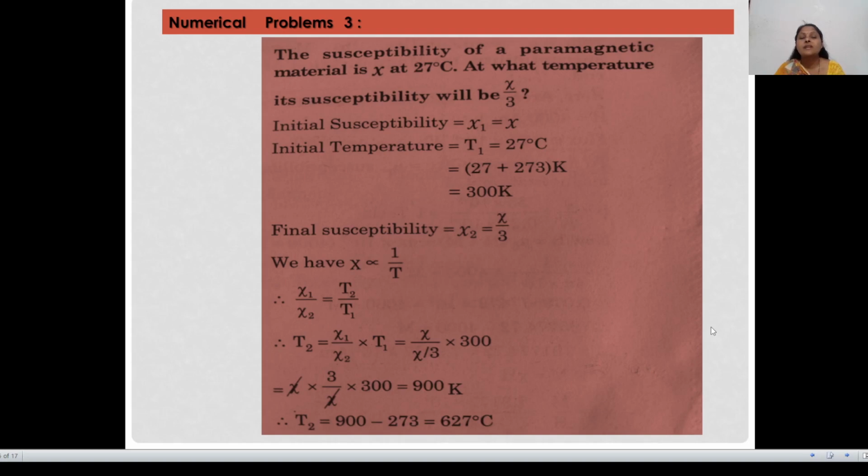Put the values of psi 1 and psi 2: psi by psi by 3 into 300. Psi cancels here, and finally T2 is equal to 3 into 300, which means T2 is equal to 900 Kelvin. And T2 is equal to 900 minus 273, which is 627 degrees Celsius, the temperature.